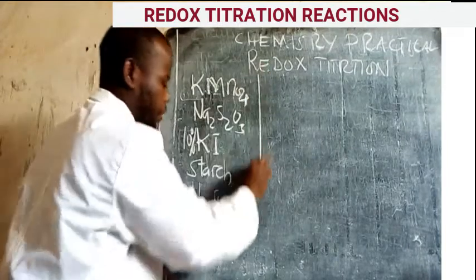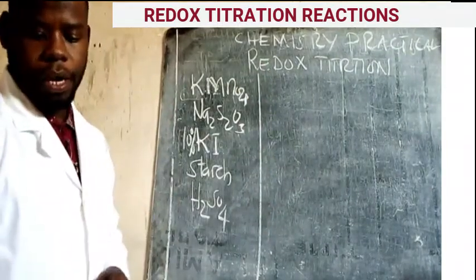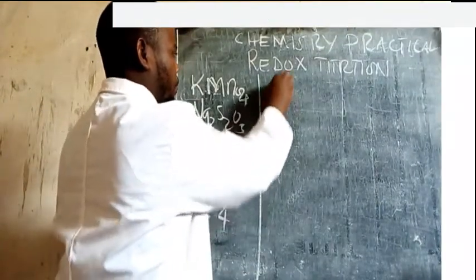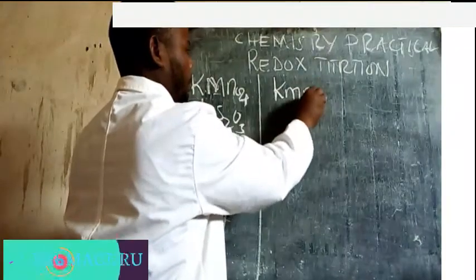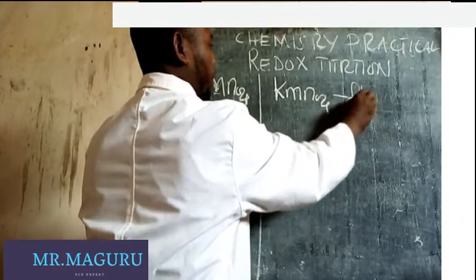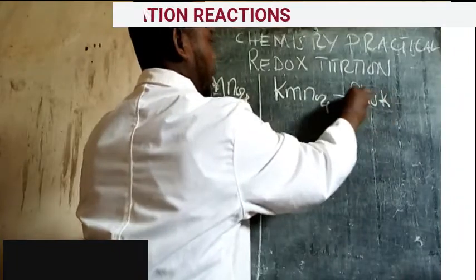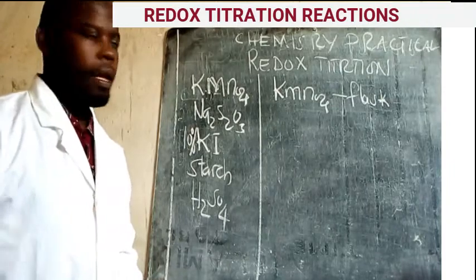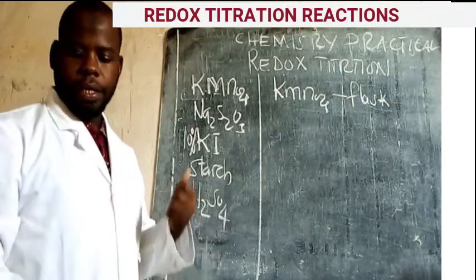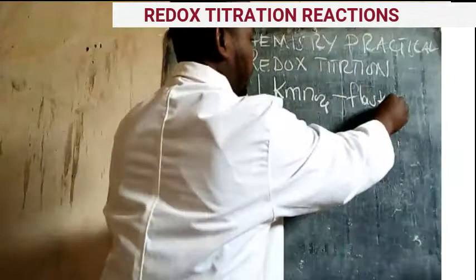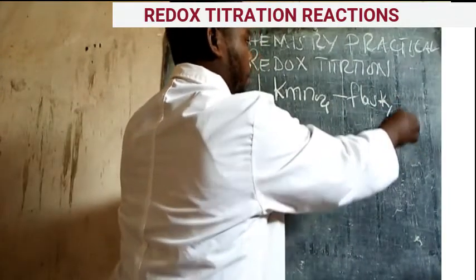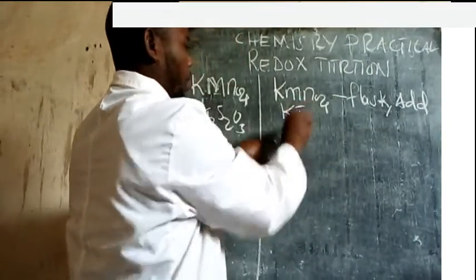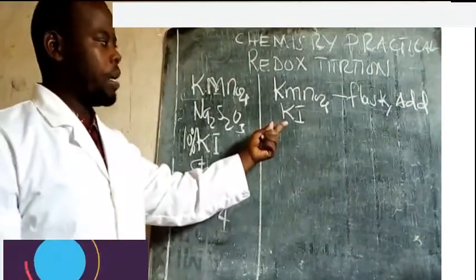In case of procedure, the potassium permanganate will be in a flask, and we are going to add the sulfuric acid and the potassium iodide.